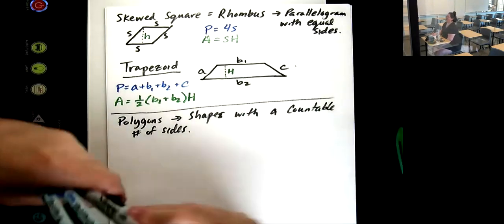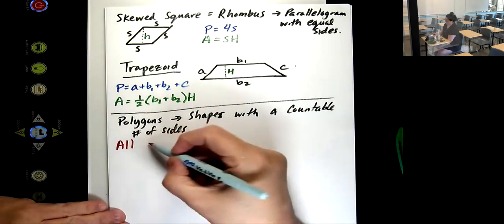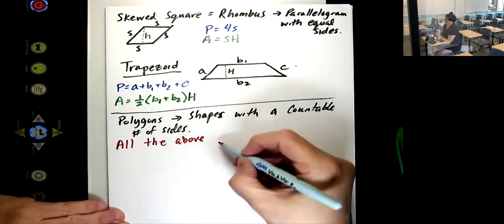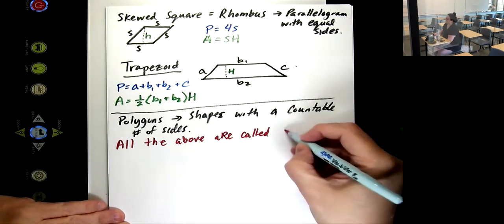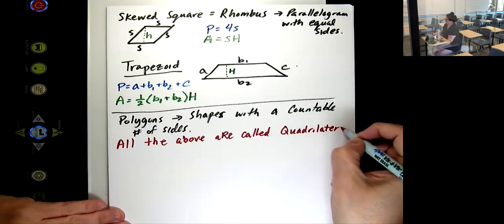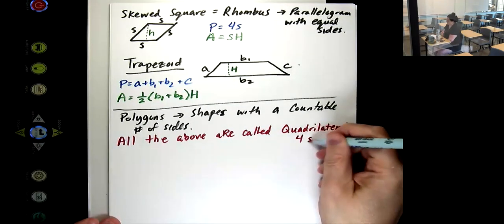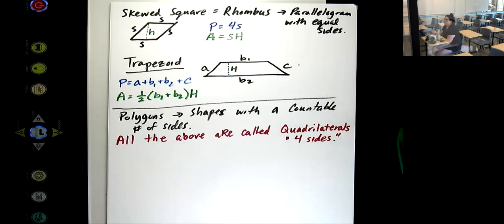All the ones we've just done, all the above, are called quadrilaterals, because they have 4 sides. And I even think lateral means a side.